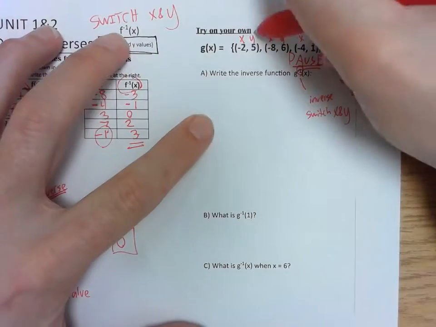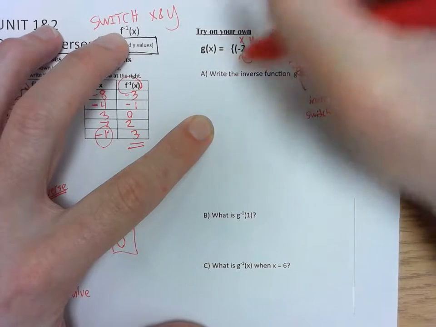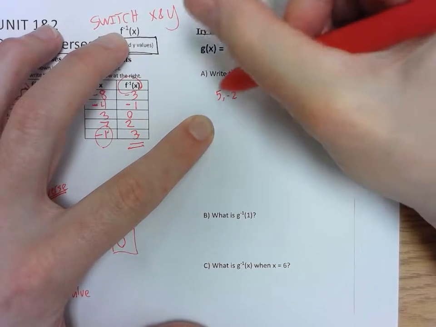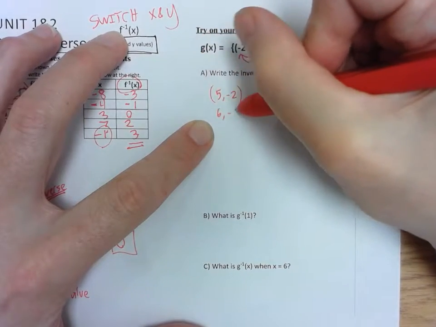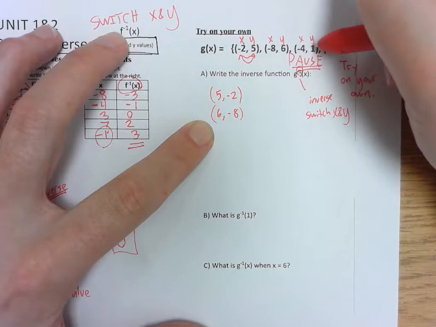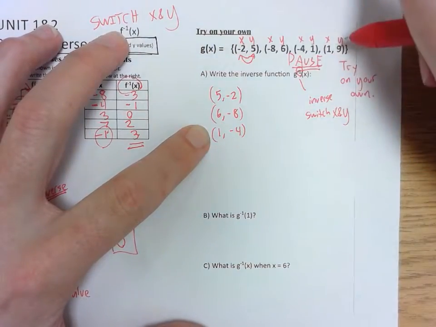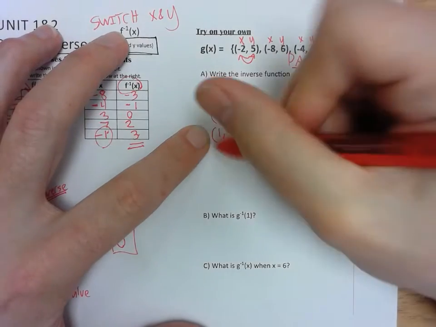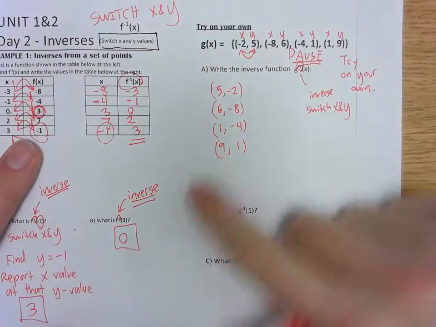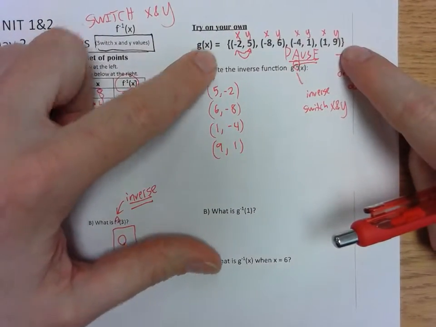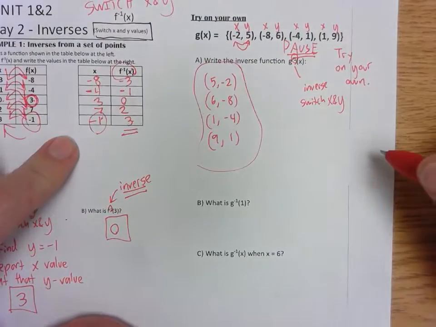It's going to say 5, -2; 6, -8; 1, -4; and 9, 1. You can write it as a table, or just as a set of points. That's really up to you, but make sure you have these points for your inverse function.